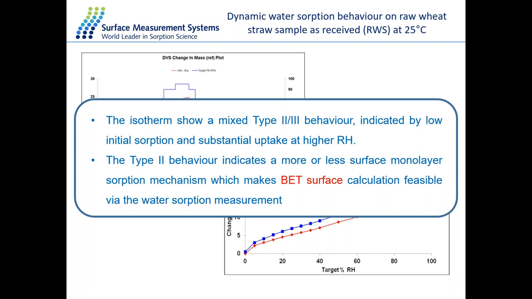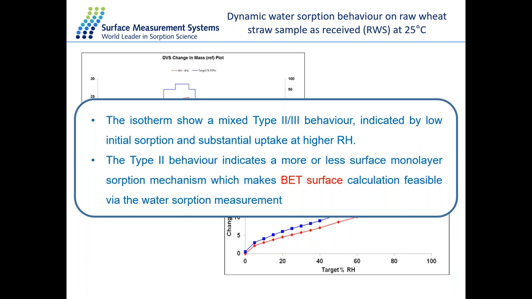The way we calculate surface area is exactly the same process that a nitrogen adsorption experiment will use to measure surface area, which is basically applying the Brunauer-Emmett-Teller equation. So what's the crux of the process of measuring surface area? The first requirement to measure surface area is a linear isotherm plot in the section between 5 and 35% partial pressure.